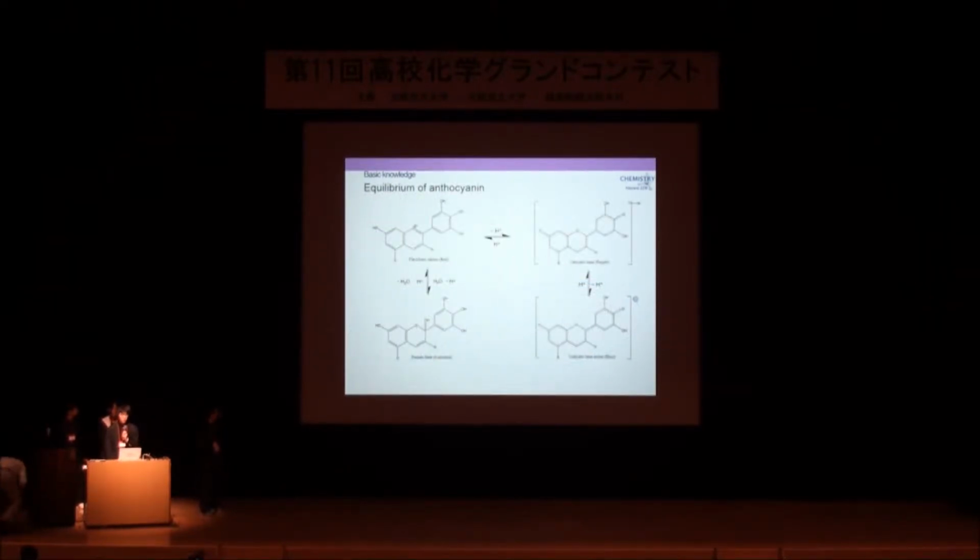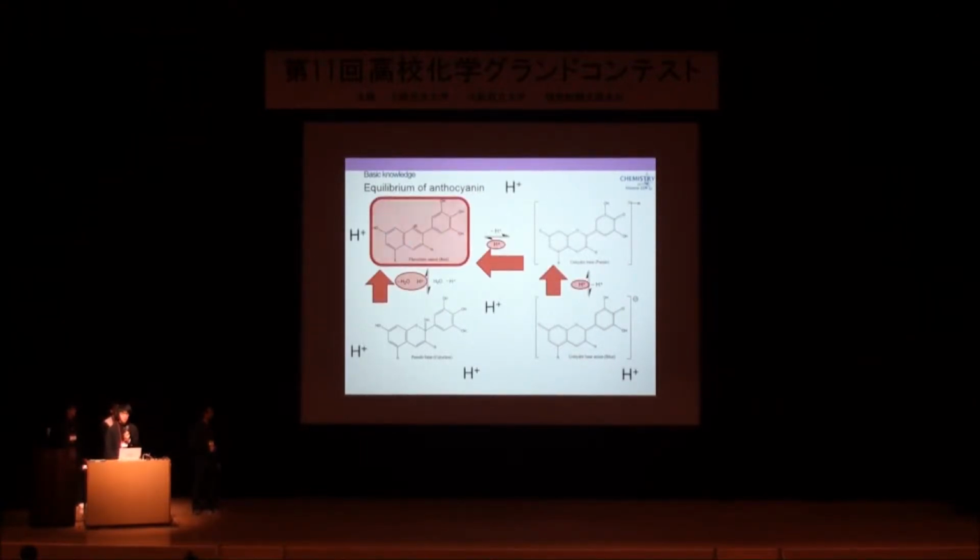Next, I will explain why color of anthocyanin changes and fades according to pH. They are flavylium ion, anhydrous anion, and pseudobase. They are in equilibrium relationship, and equilibrium is inclined according to pH.